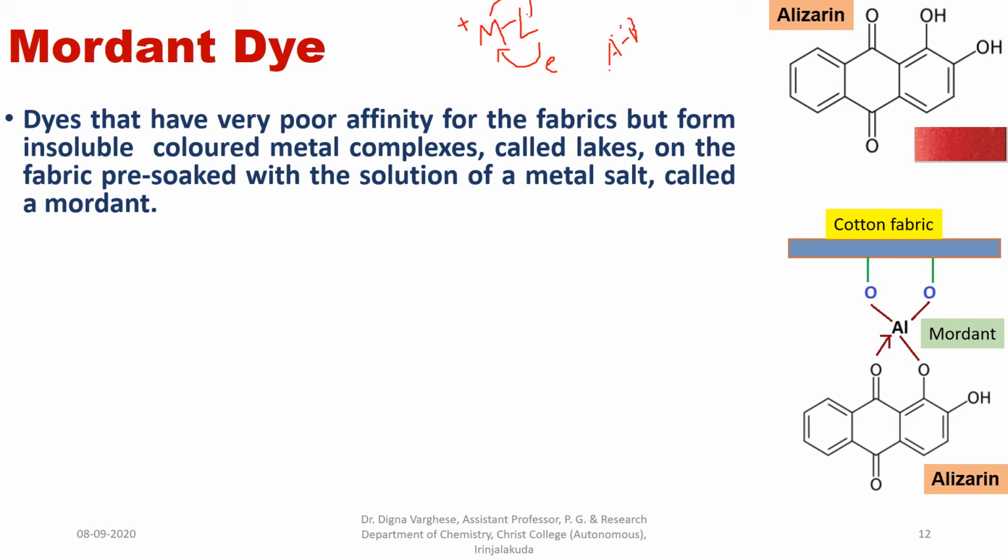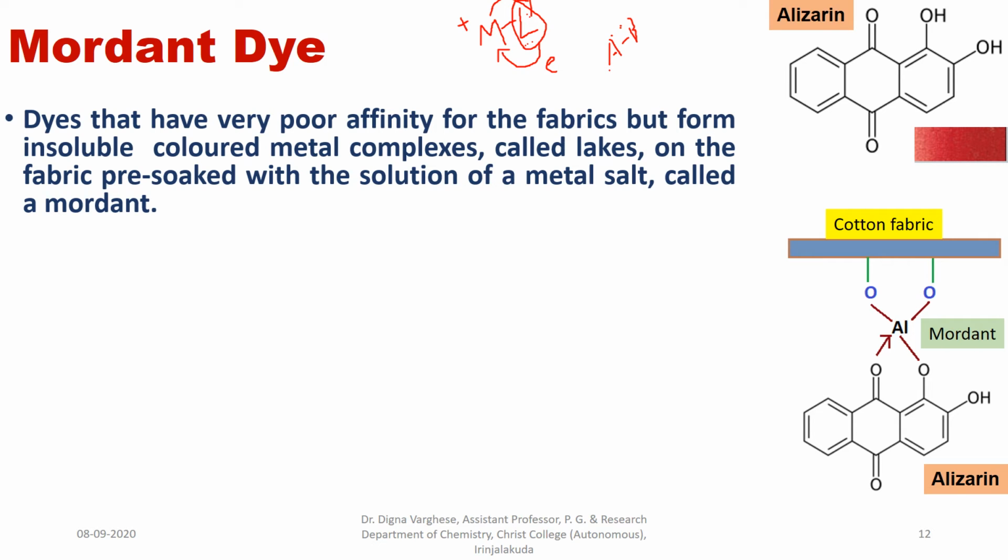But a coordinate bond is a special type of covalent bond in which the bond is formed by the sharing of electrons that are donated by one atom. Here the ligand donates its two electrons to the metal atom and forms a coordinate bond. This type of compound is known as a complex or coordination compound.